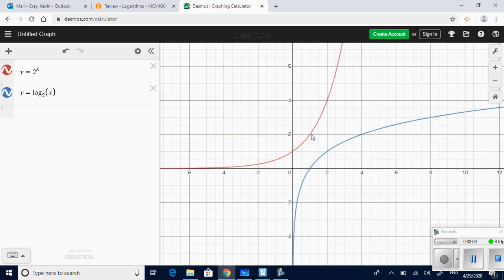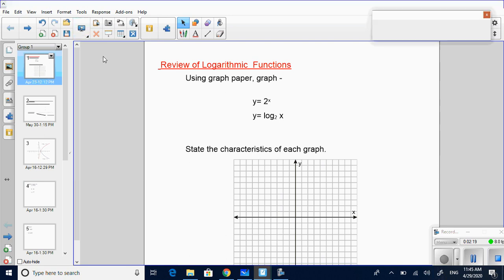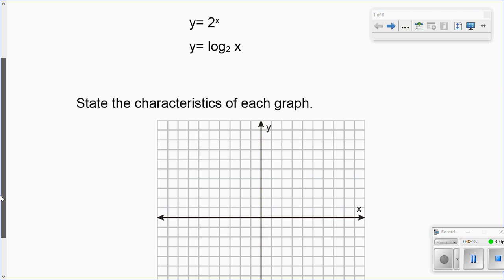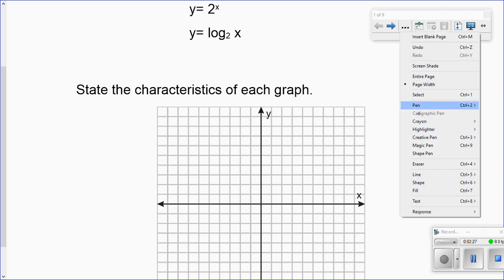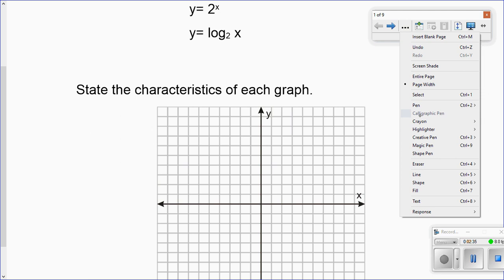So I'm going to take these and transfer them to my sketch right here, and talk about the characteristics of it. Alright, so here we go. So this first function, y equals 2 to the x, I'll try my very best to graph this properly.